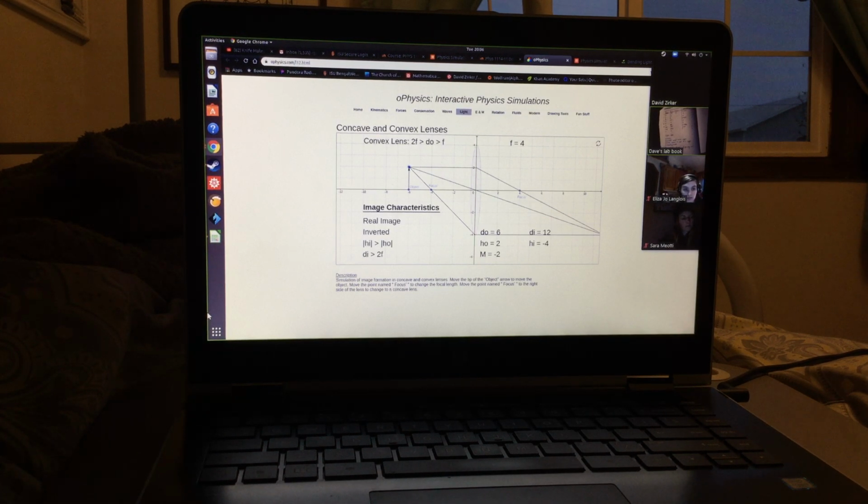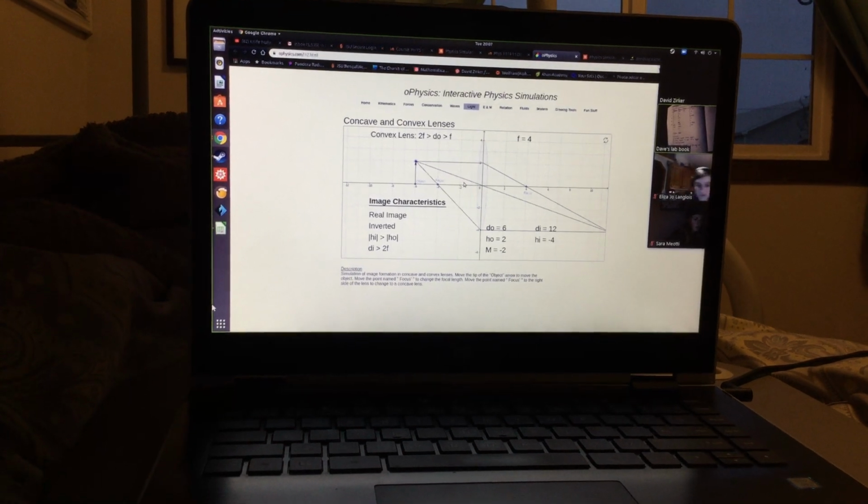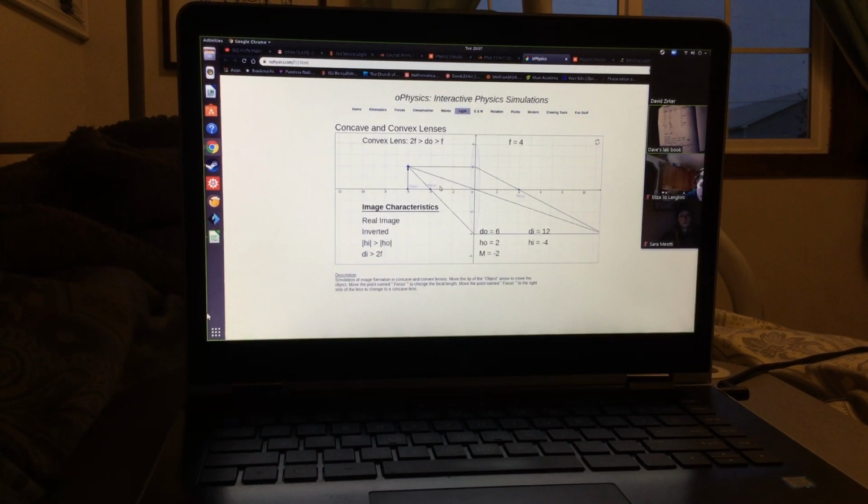Oh, okay. The negative magnification indicates that the image is inverted or upside down. Okay. So for most of these, it's going to be negative. Like you said, 10 through 4, you're going to have a negative magnification.